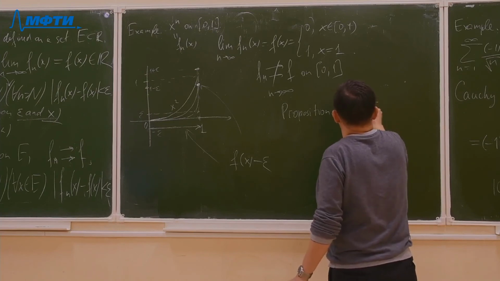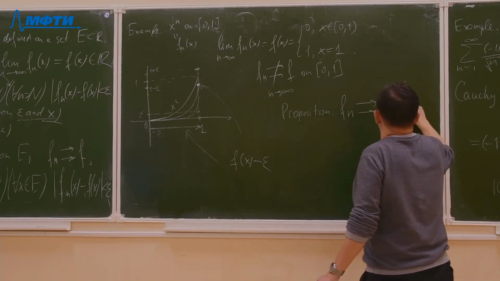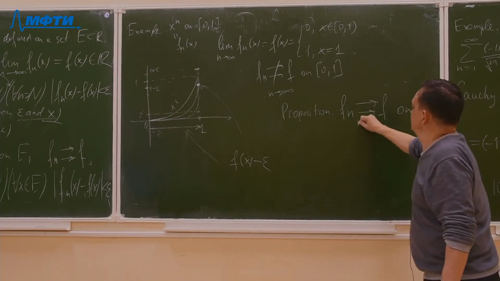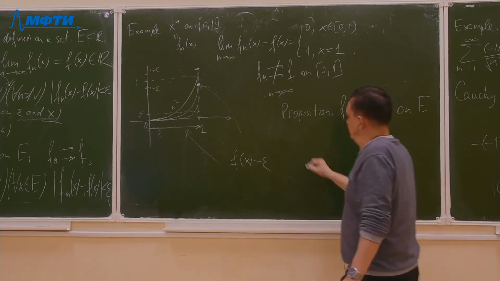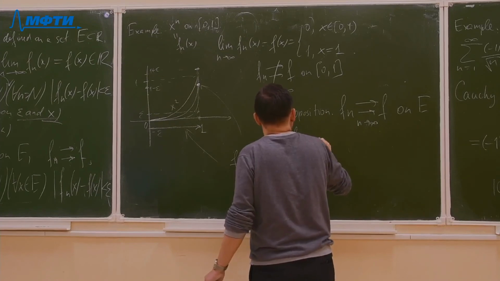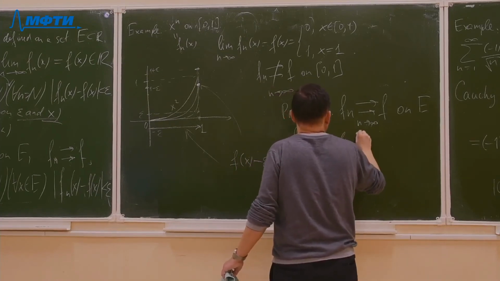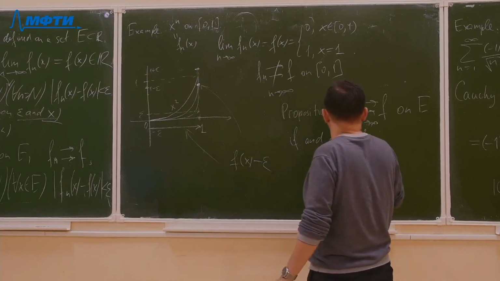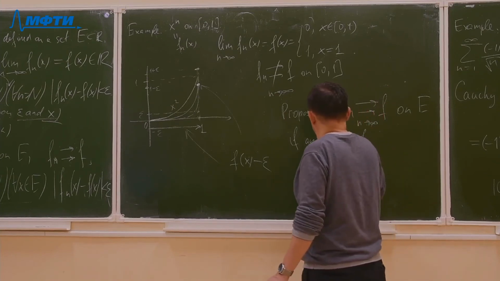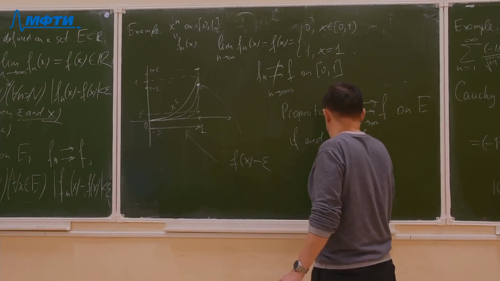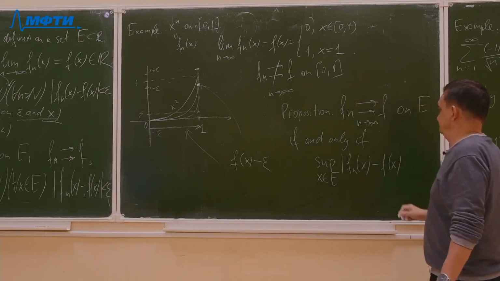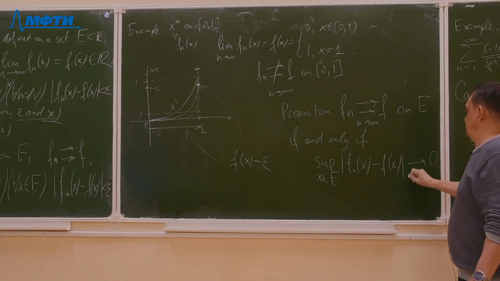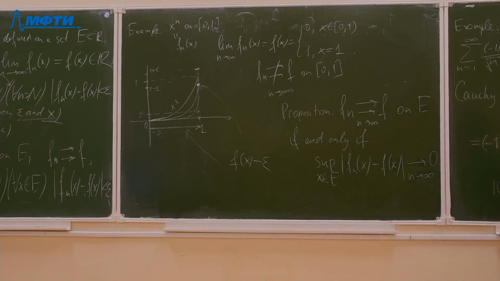Fn uniformly converges to f on E as n tends to infinity if and only if the sequence of supremums of |Fn of x minus f of x| tends to 0 as n tends to infinity.